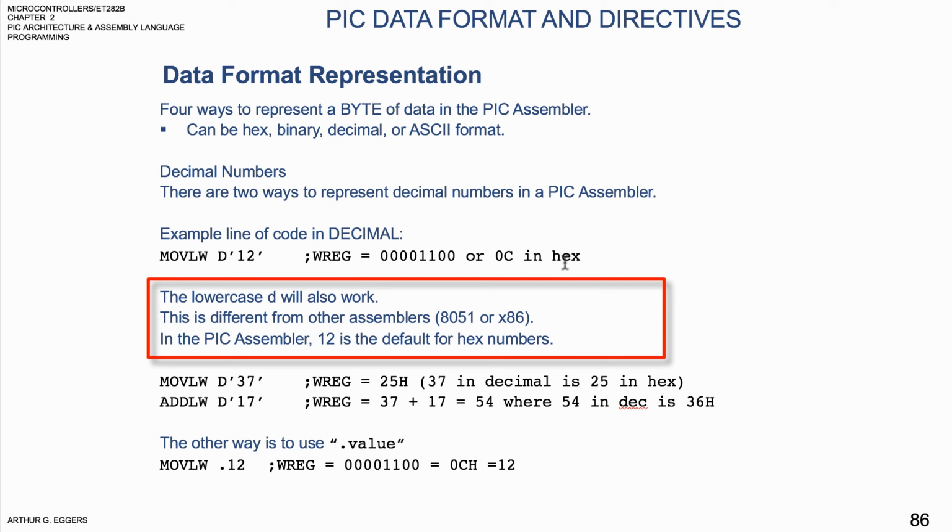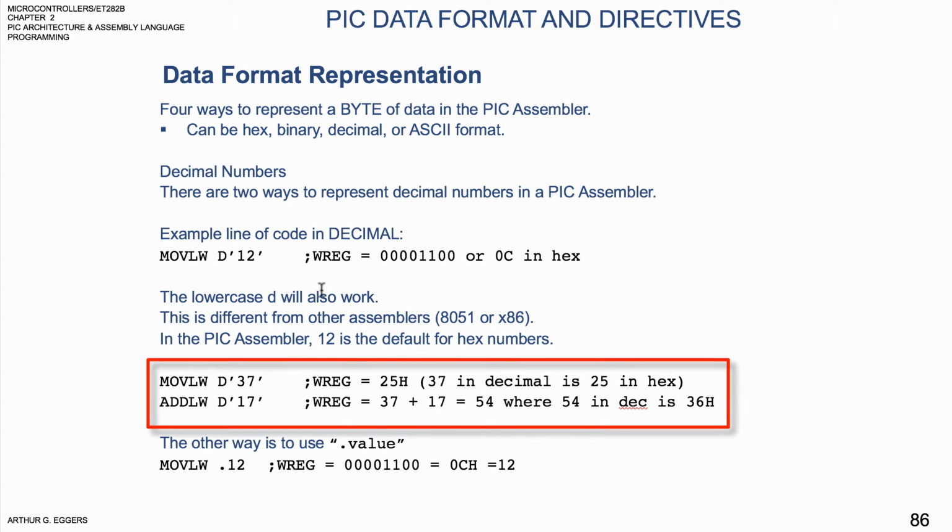In those assemblers, to indicate decimal numbers, we simply use the decimal value, nothing before or after. While using the PIC assembler, hex is the default for numbers. Here are some examples of how to use it. In this case, we had a move literal value into the working register, decimal 37. In the working register, that is a value of 25 in hex.